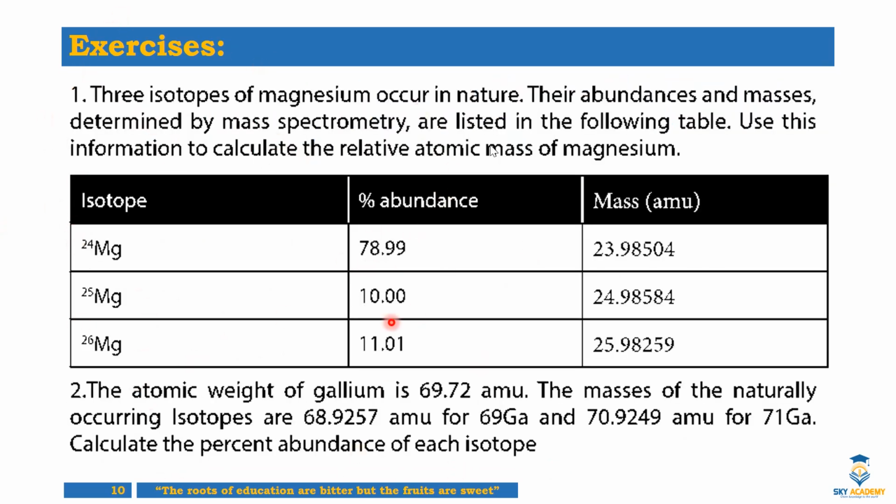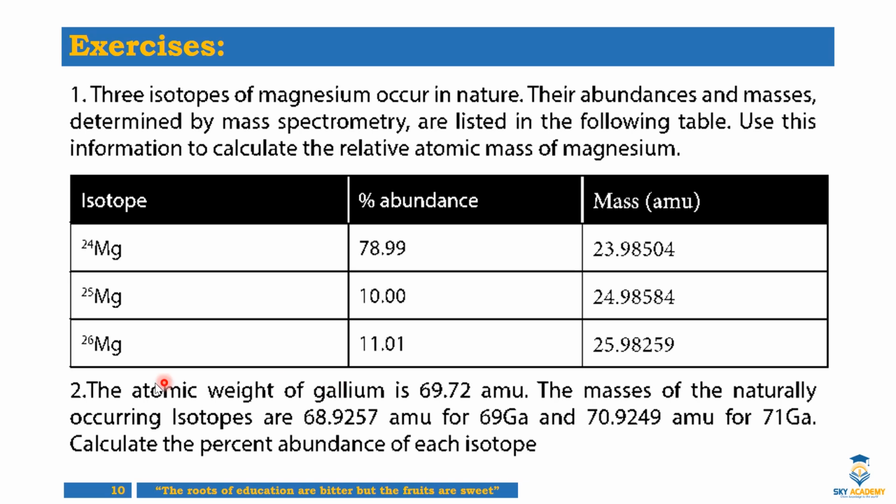This is a homework you can try yourselves. This is an exercise. You have 3 isotopes of magnesium, and there are abundances and there are masses. This is your atomic mass unit. Then you can find the relative atomic mass.